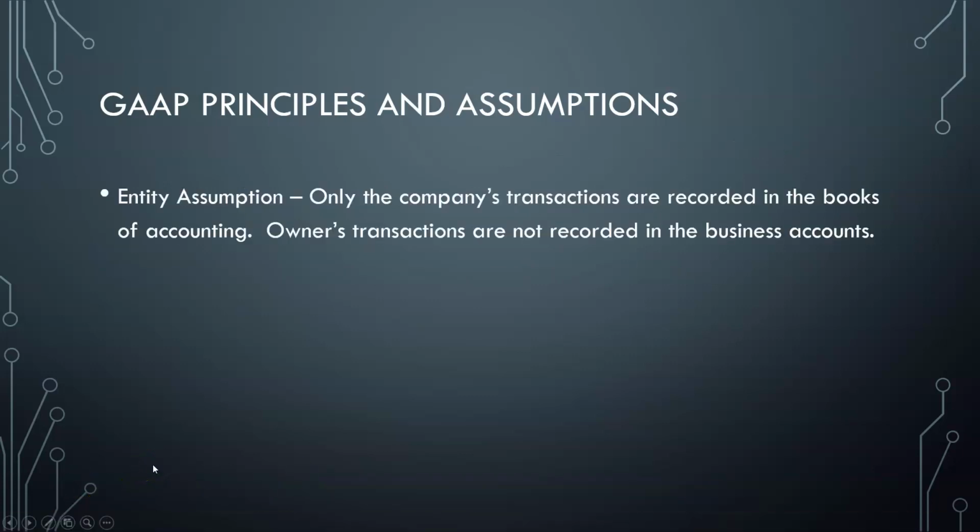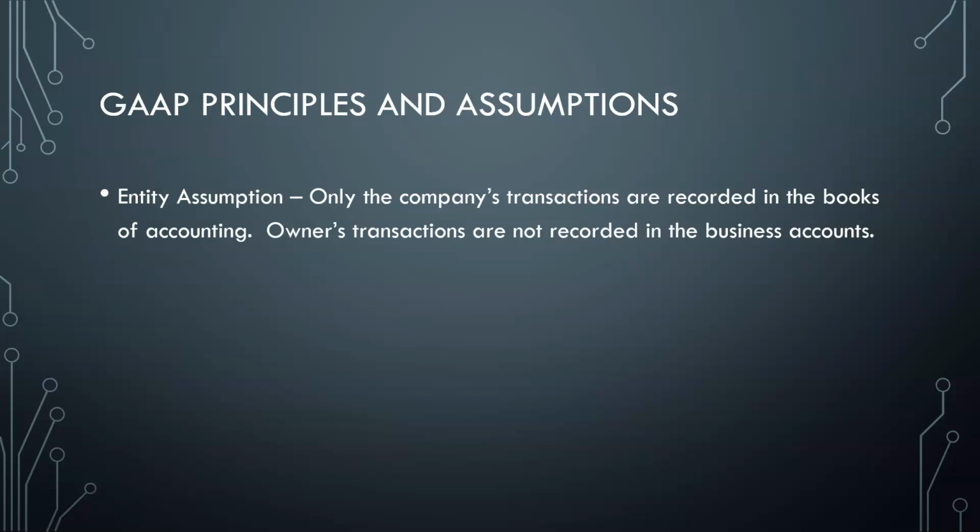The next one we're going to talk about is the entity assumption. This says that only the company's transactions are recorded in the books of accounting. We know that the company interacts with multiple different companies, but when you're looking at a set of financial statements, only the company's transactions are reported. Also, a company has owners. If it's a large publicly traded company, there are multiple owners.